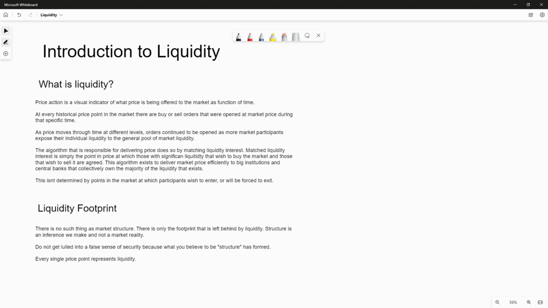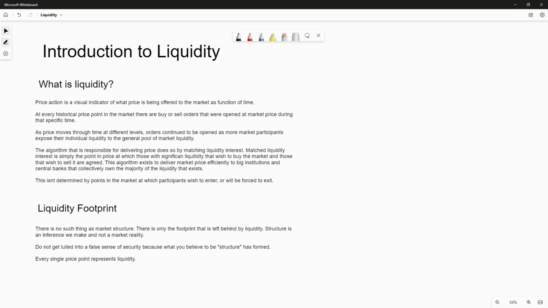That's what price action is. And price action is a visual indicator of what price is being offered to the market as a function of time. So essentially, what price can you buy this asset for at this time, shown as a line graph, represents price action.